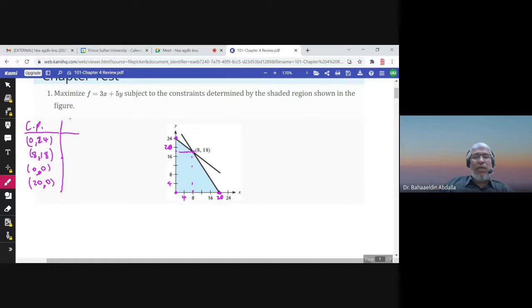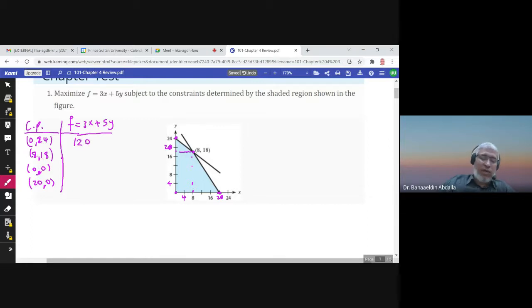And in the function f, I evaluate f at these values. So when x is 0, this would be 0 plus 5 times 24. And f would be 120 here.